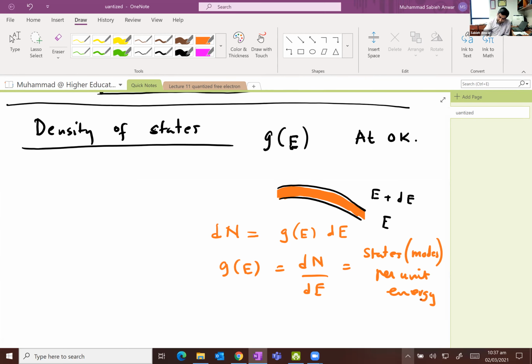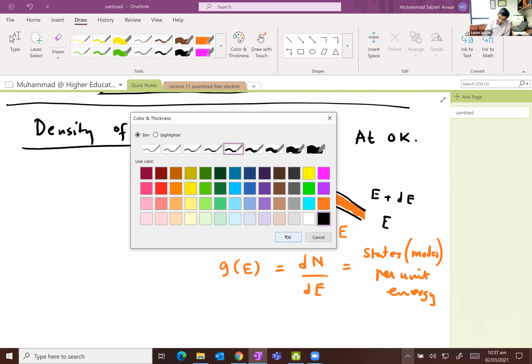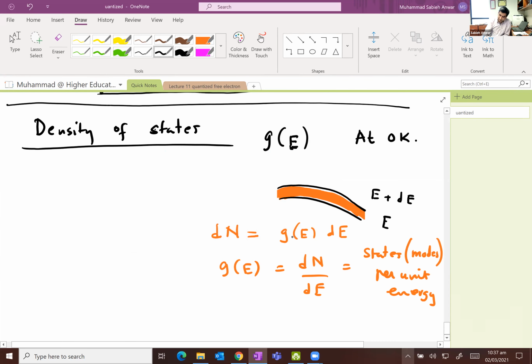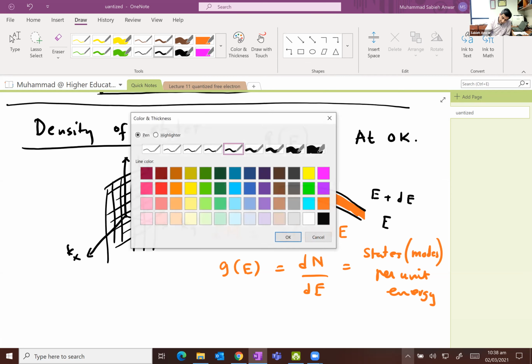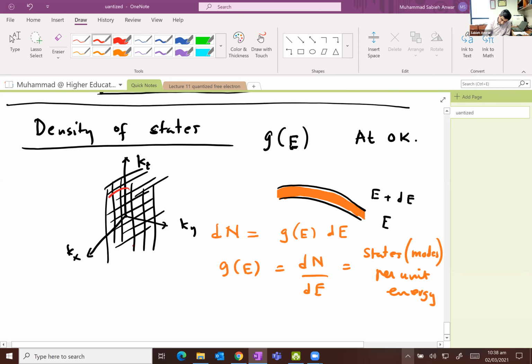All right. So now let me derive the density of states. Suppose I'm still in my k space, three-dimensional k space, and I have the popular grid that I've always talked about. Now I draw a sphere of radius k, arbitrary radius k, not k_F, just some radius k.